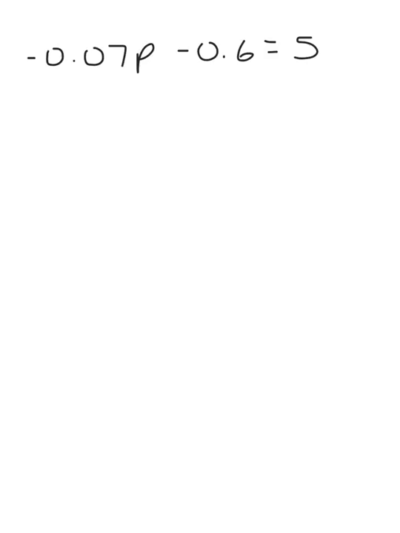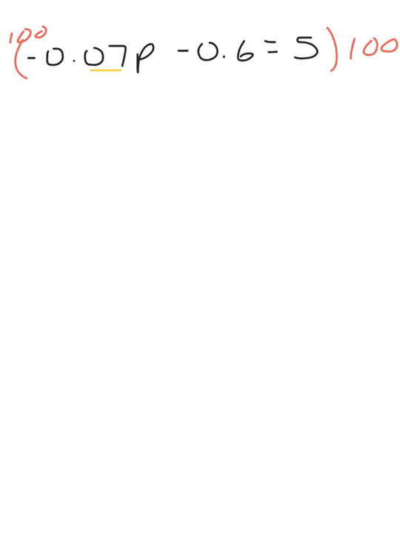Let's take a look at this practice problem here. We have negative 7 hundredths p minus 6/10 equals 5. If you notice, we have 2 place values here, which means if we multiply everything by 100, then we can clear that decimal.